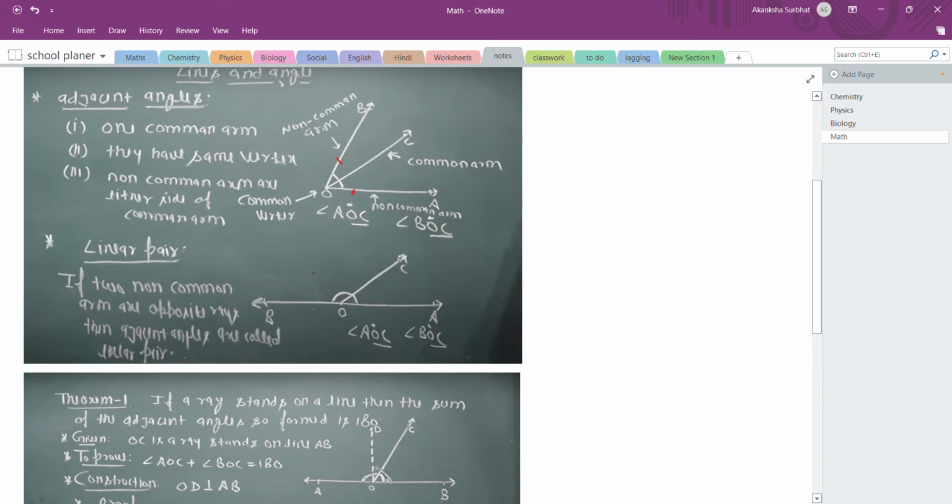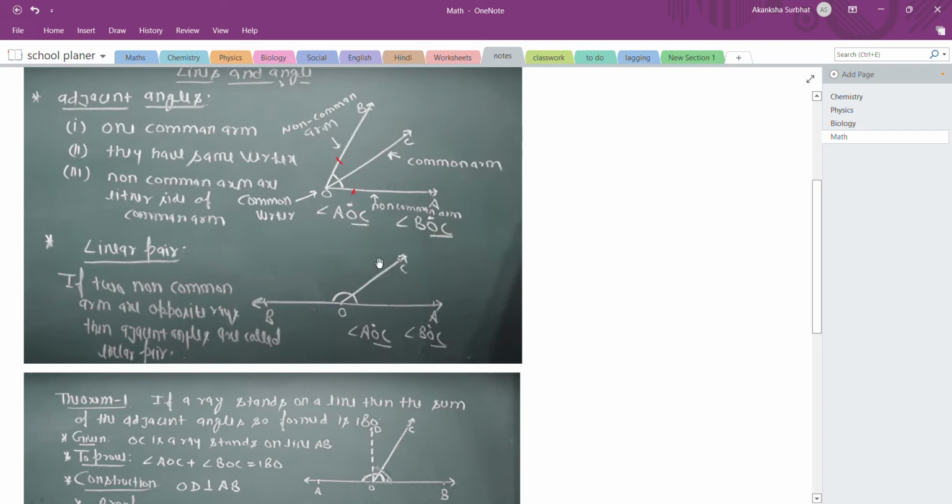So a linear pair is the same as adjacent angles, but there's only one difference. See here, this non-common arm, this B, is opposite to this one.